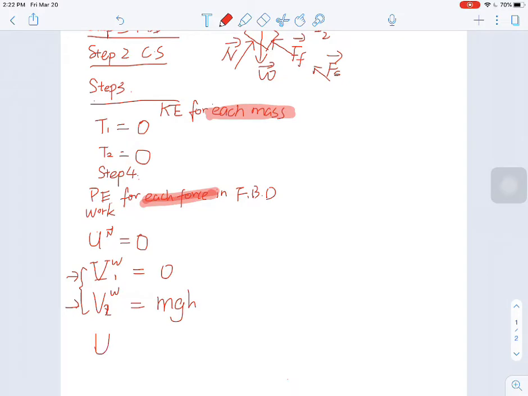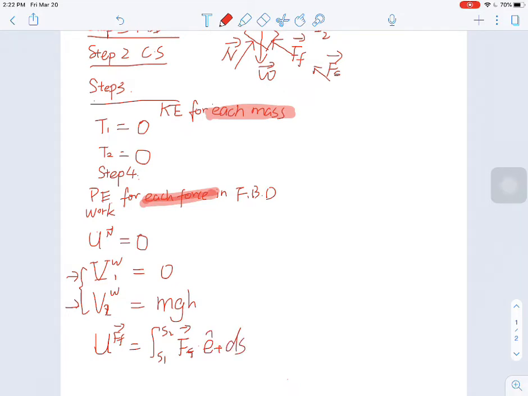So write it as U_FF, which equals, if you remember the notes from last time, the integration from S1 to S2 of FF dot product et hat ds.